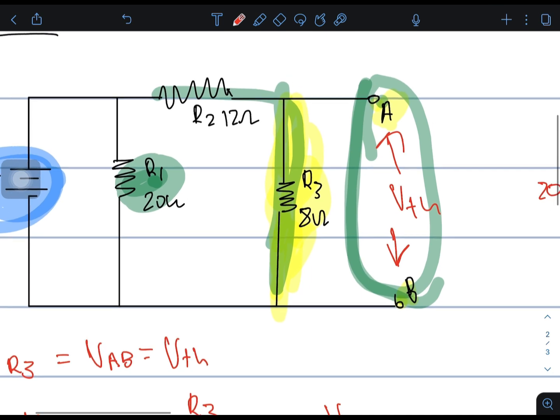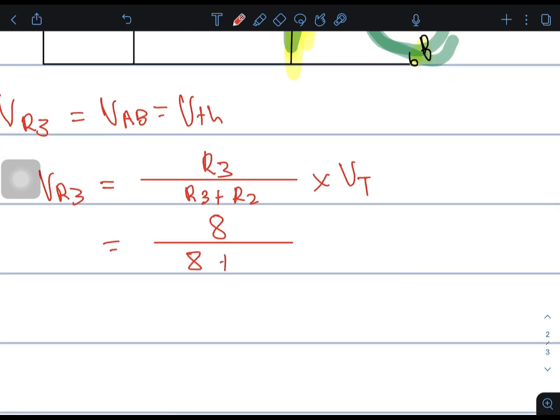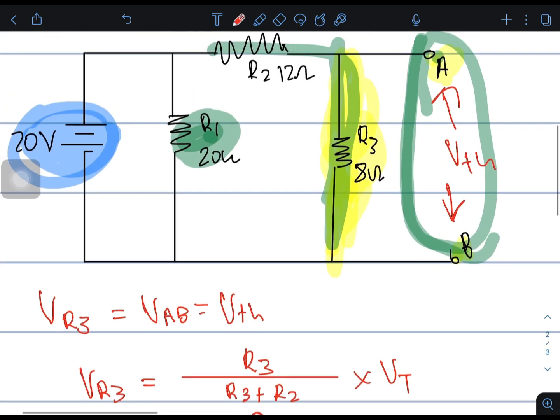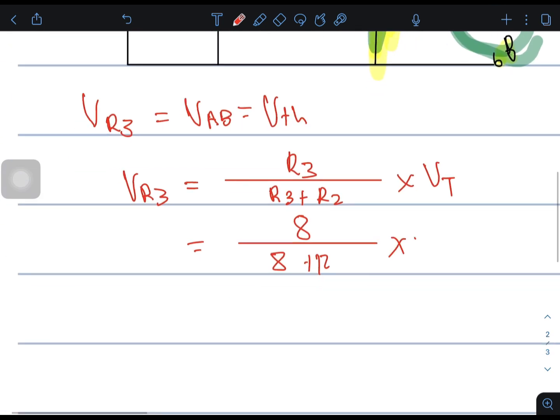My R2 is 12 plus 12 and times 20. Okay, the voltage across R3 is equal to 8 volts, which is equal to V Thevenin.